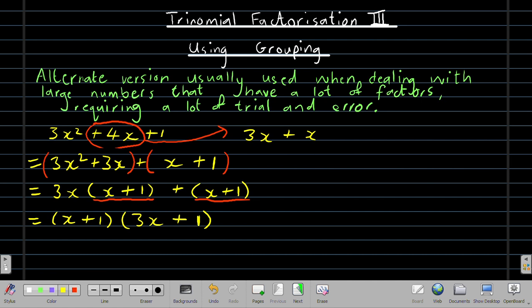One thing you'll notice when going through all these examples is that they're basically identical or similar to all the examples that I did in the Trinomial Factorization 2 video. I did this so that you can check the two methods, check both answers, and see how they are different.